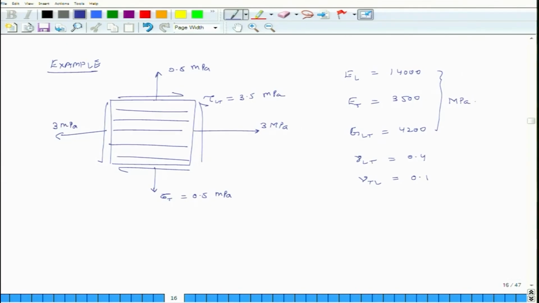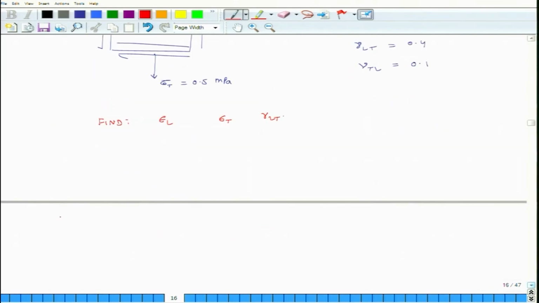So, the question is calculate. So, what do we have to find? So, we have to find epsilon L, epsilon T, and gamma LT. So, we start doing this.